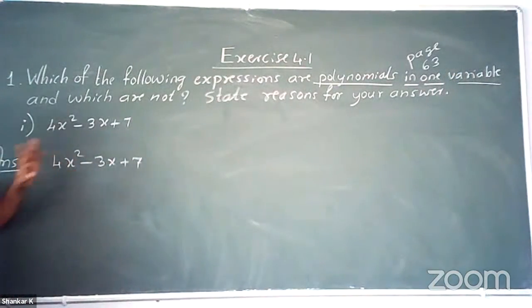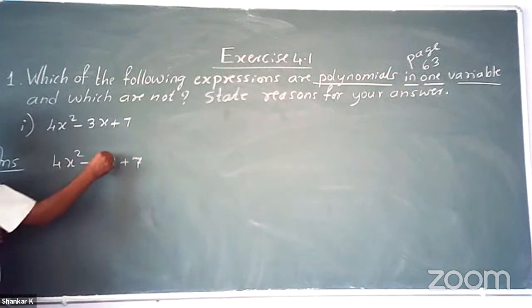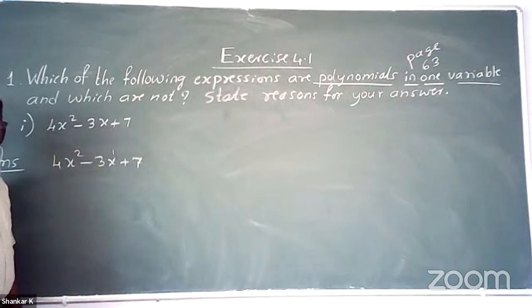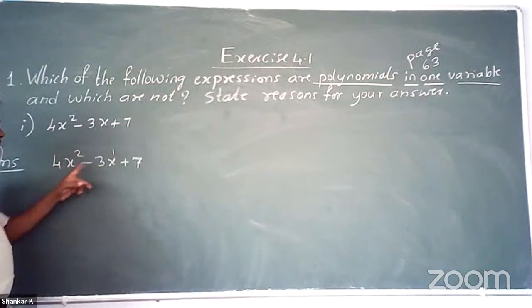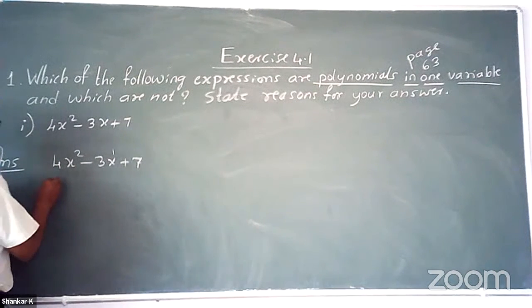Here, only one variable is there, and it is a polynomial because the exponents are positive, or the power of the variable is a whole number.